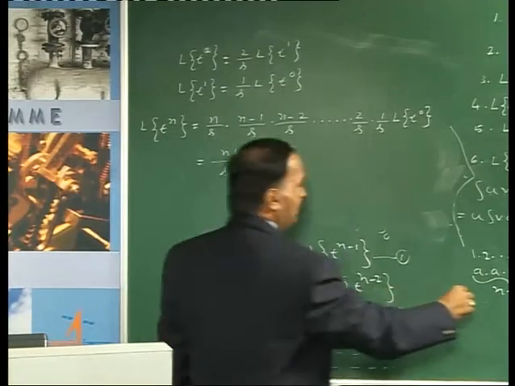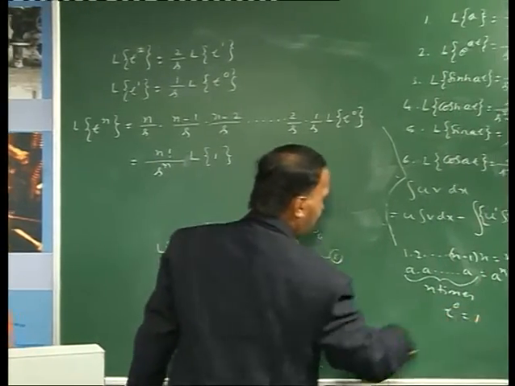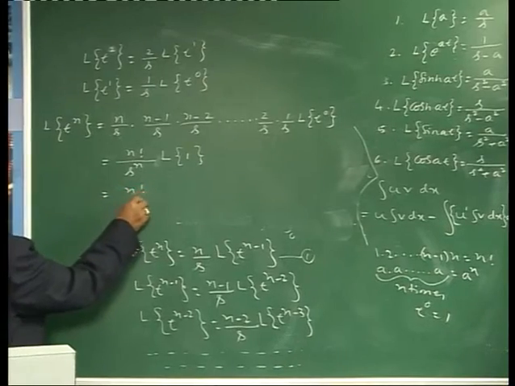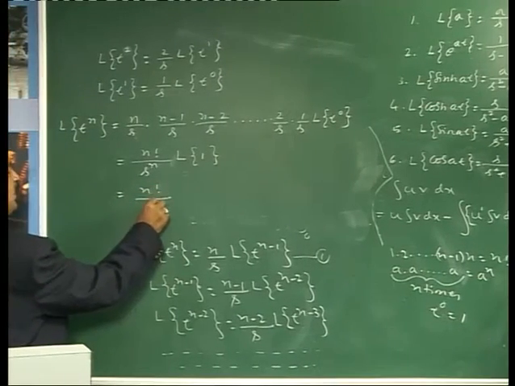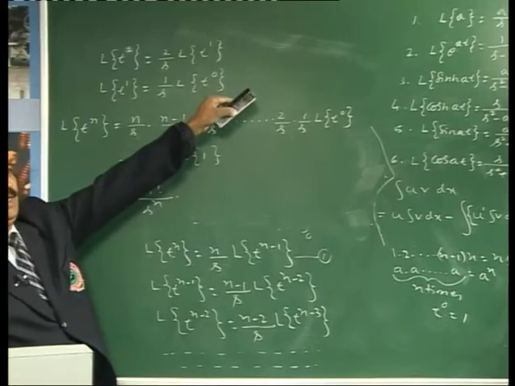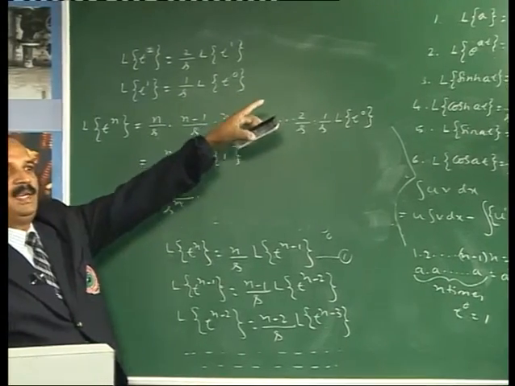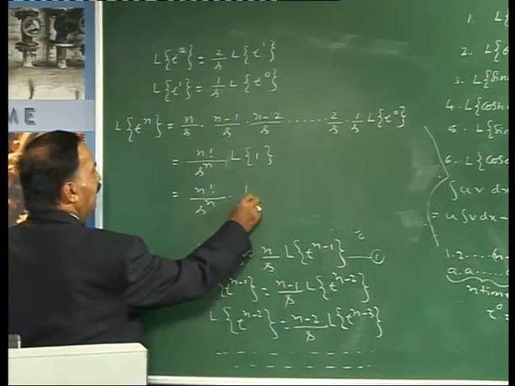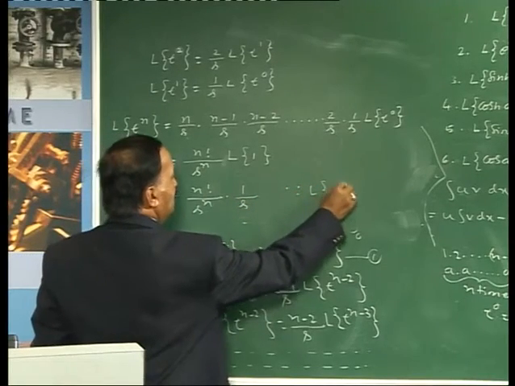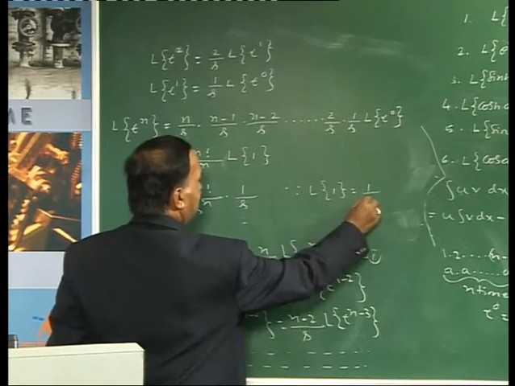T to the power of 0 equal to 1. That is n factorial divided by s to the power of n into L of 1. From the first result put a is equal to 1, you will get 1 by s. So that means L of 1 is equal to 1 by s.